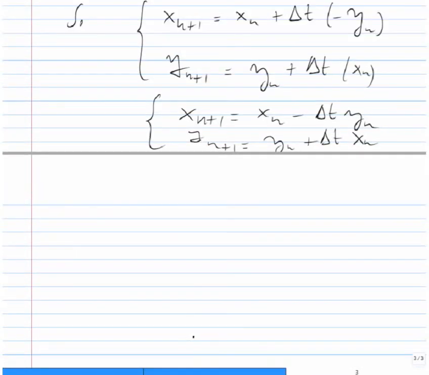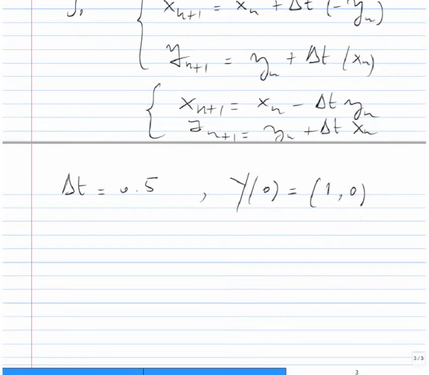Next, we need to find the initial point. So delta t is given to you as 0.5, and the initial point, y of 0, of the exact solution is given by (1, 0).